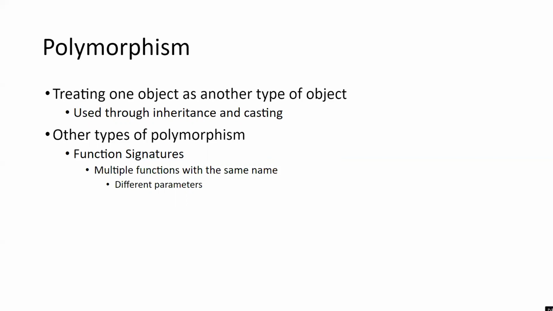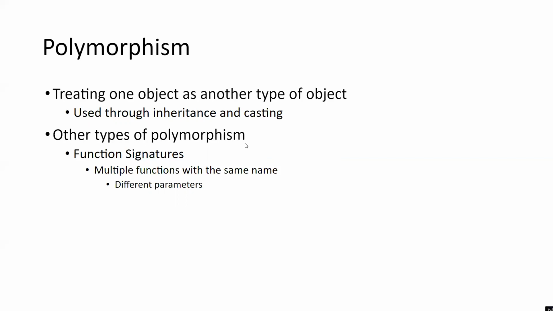We cannot treat a motorcycle as a car, but we could treat like a sedan as a car or a truck as a car, right? So just keep that in mind. Polymorphism is treating one object as another type of object so that you can get access to that object through inheritance and casting and all that stuff. And I'm going to show you all this stuff today as well.